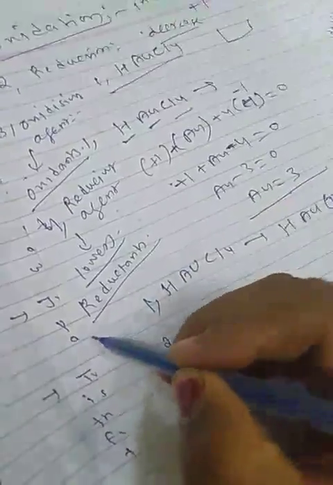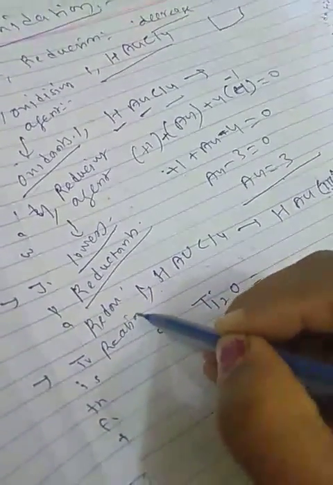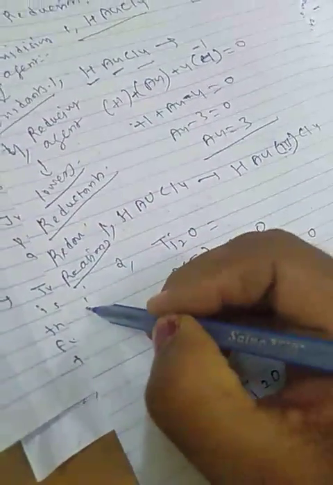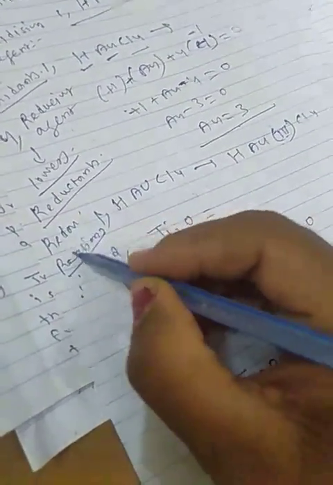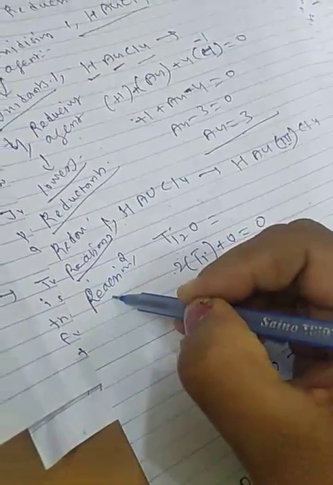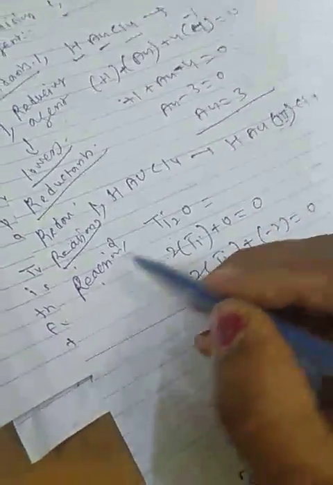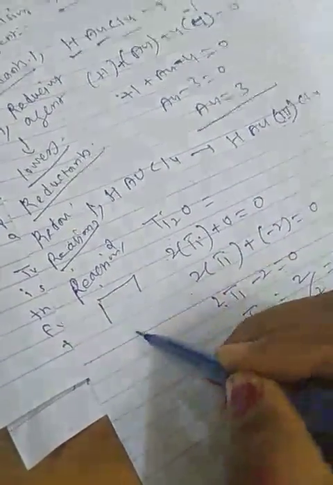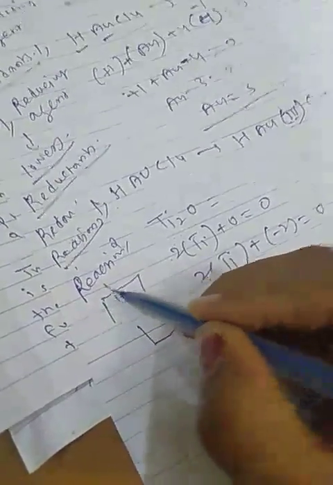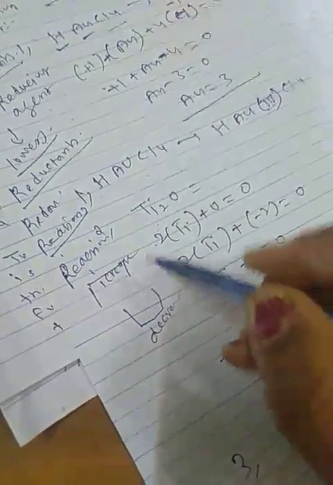Now at last, what are redox reactions? Redox reactions are reactions which involve change in the oxidation number of the interacting elements, whether increasing or decreasing. Here, the upper side you can show increase, the lower side decrease.